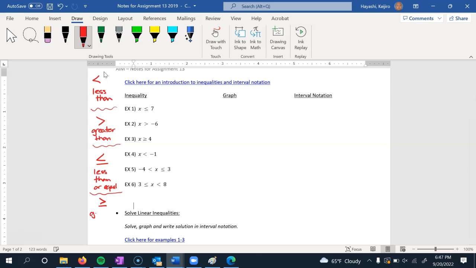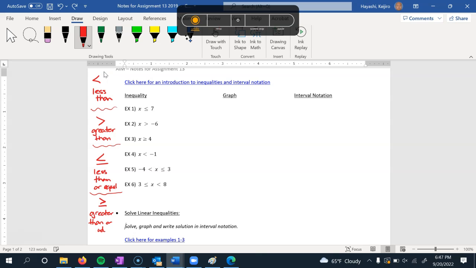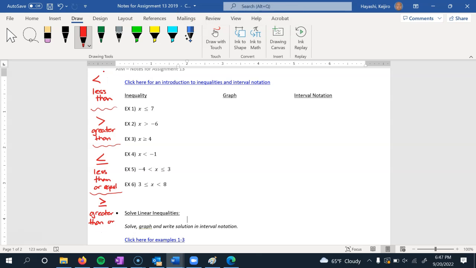Because this is the greater than or equal to sign. So those are the 4 kinds of inequality symbols. Really, it's not really like there are 4 kinds. It's more like there are 2 kinds with 2 variations each or something.